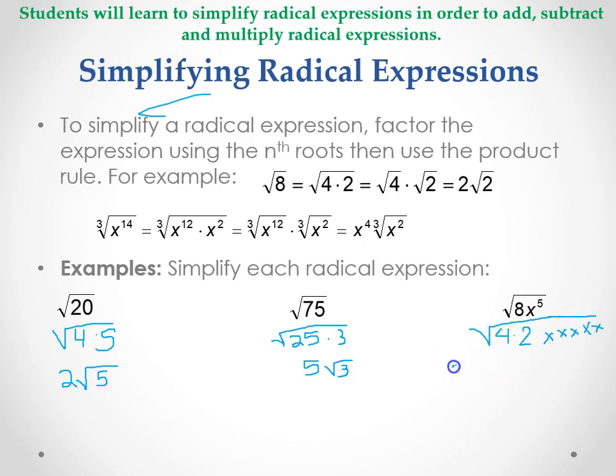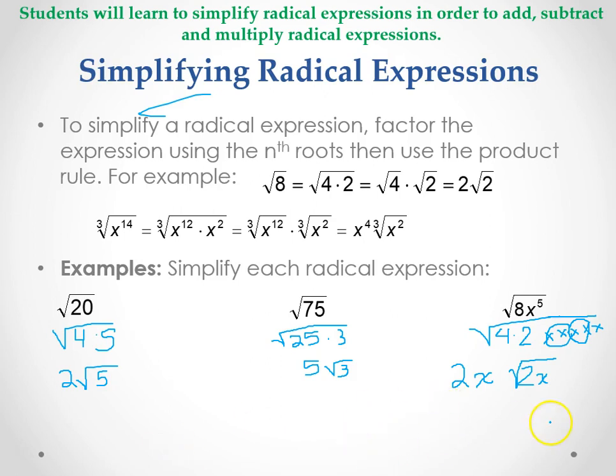Well, the square root of 4 is 2. I don't know the square root of 2, so that stays in the square root symbol. And then since this is square roots, I'm looking for pairs. So there's one pair of x's. There's a second pair of x's, so that's x times x, which is x squared. And I have an x left over. So I've got 2x squared times the square root of 2x.